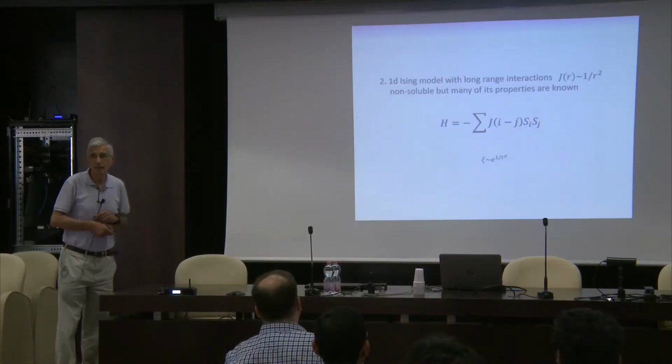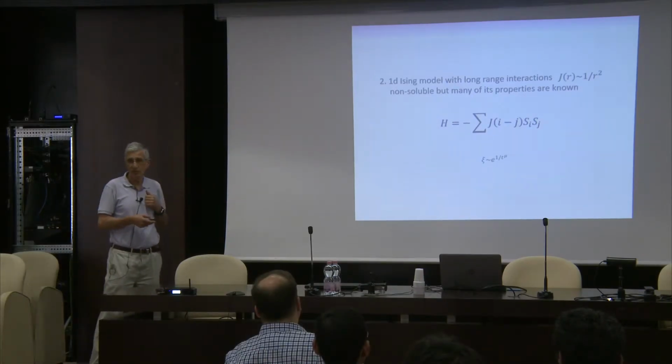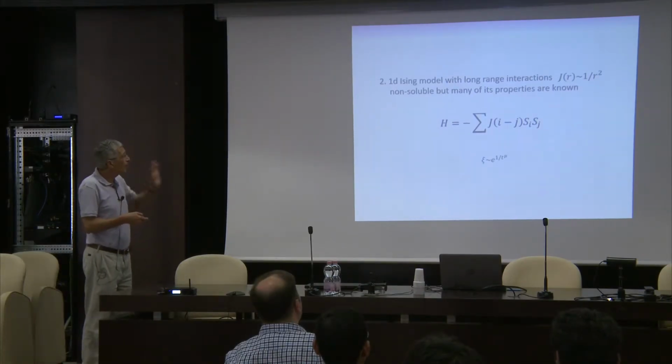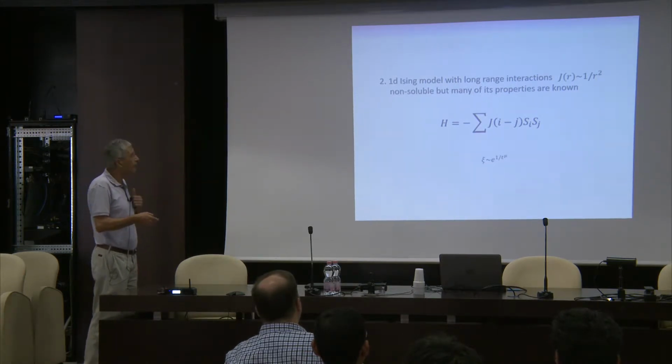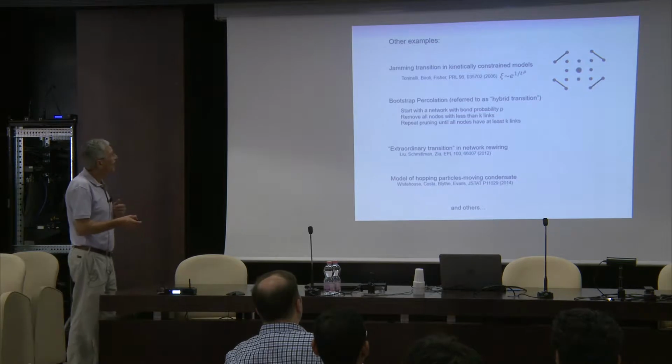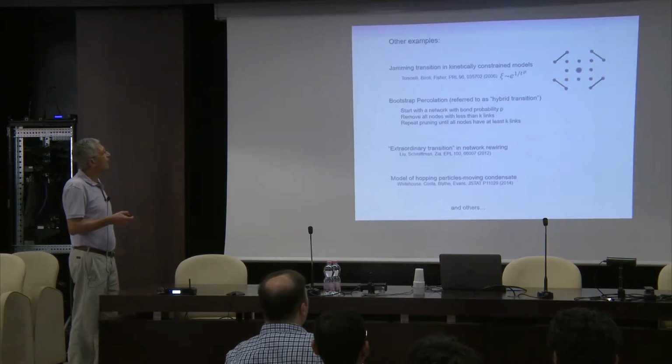That is, the magnetization jumps at the transition, and on the other hand, there is a length, and the length diverges, in this case, exponentially. I will not talk about this system a lot because I'll get back to it in detail in a few minutes. Then there are many other examples.